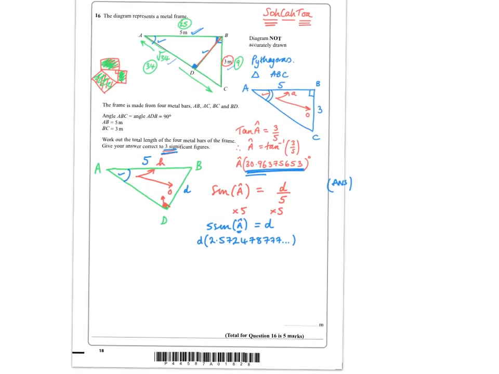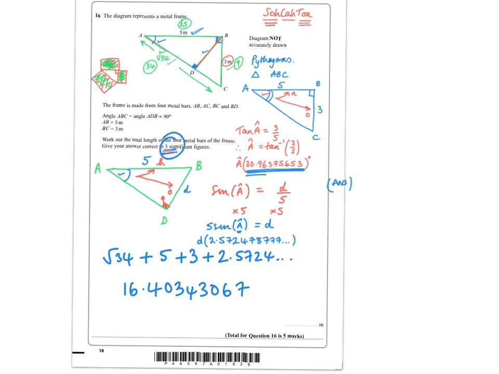So I will have root 34 plus the 5 plus the 3 plus the 2.5724 and so on, which is in my calculator already, so I haven't got to add that again. So I'll start with what's in my calculator, plus the 5 plus the 3 plus the square root of 34, and I will get a total of 16.40343067.